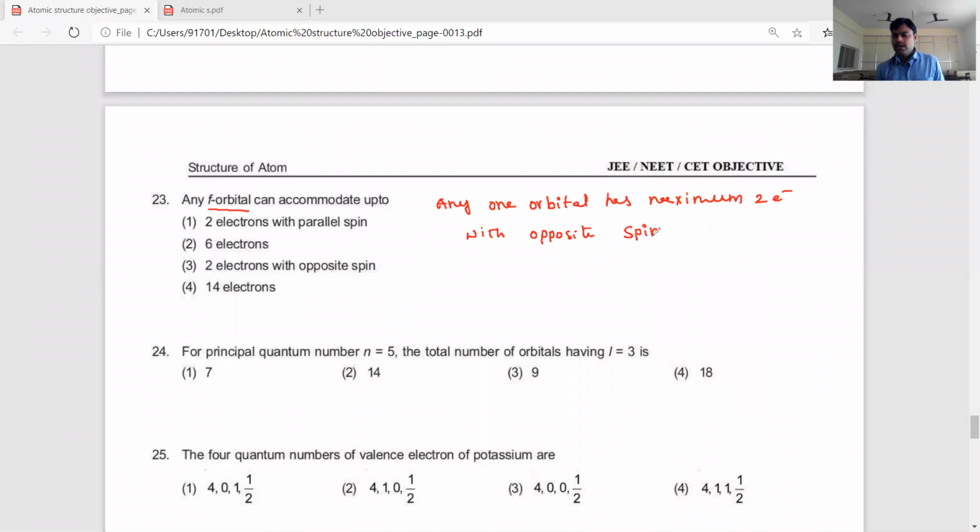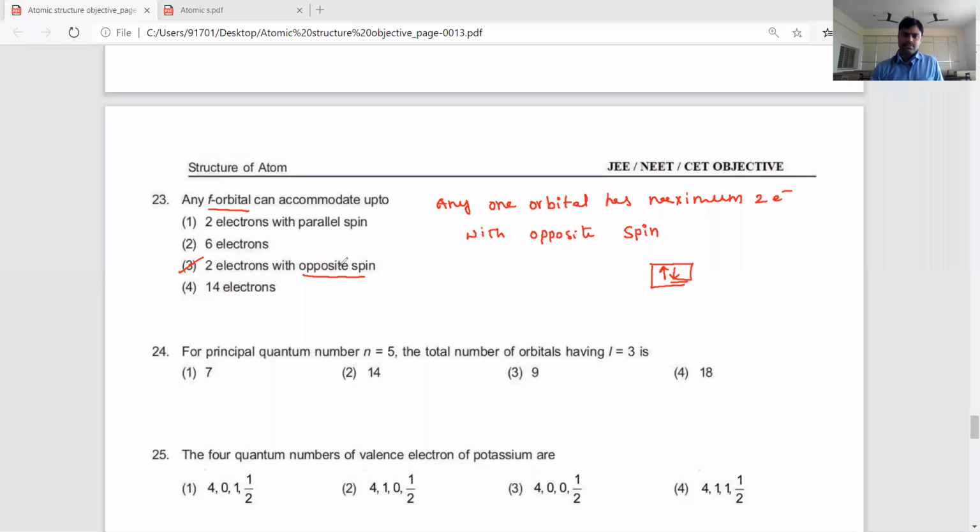What is that rule? According to it, if two electrons are present in one orbital, the two electrons must be anti-parallel. So the answer is: one orbital has a maximum of 2 electrons with opposite spins. That doesn't contain parallel spin.